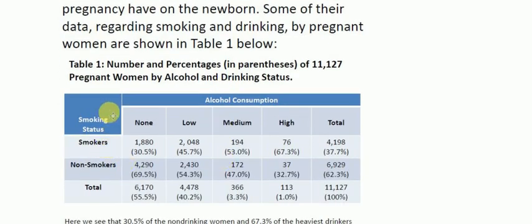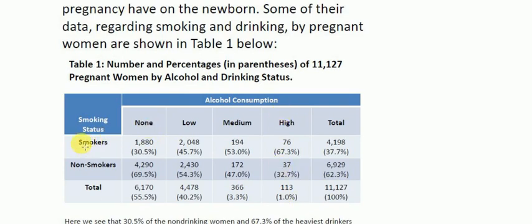Over here we have the set of population. We have smokers and non-smokers, then we have the people who are consuming alcohol. This column represents people who did not ever consume alcohol. These people consume alcohol in low amounts, these in medium amounts, and these in high amounts.